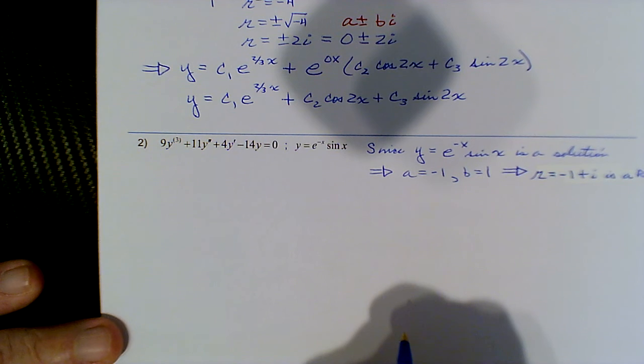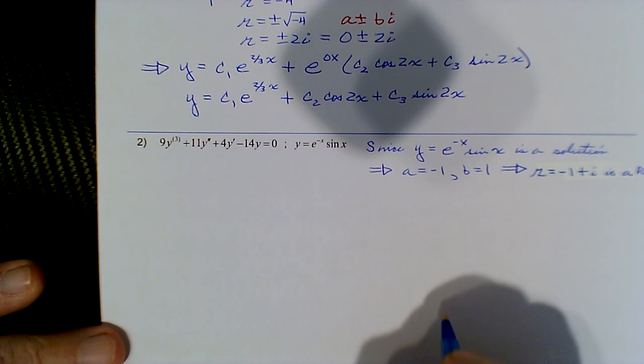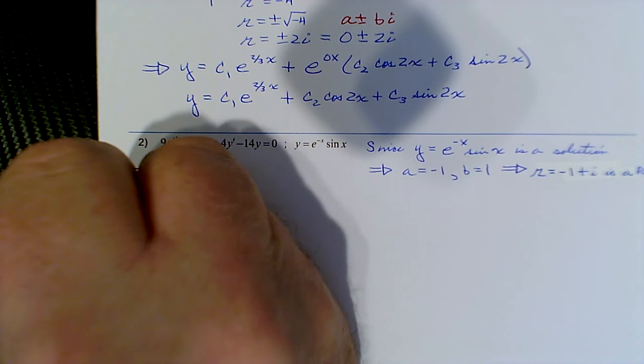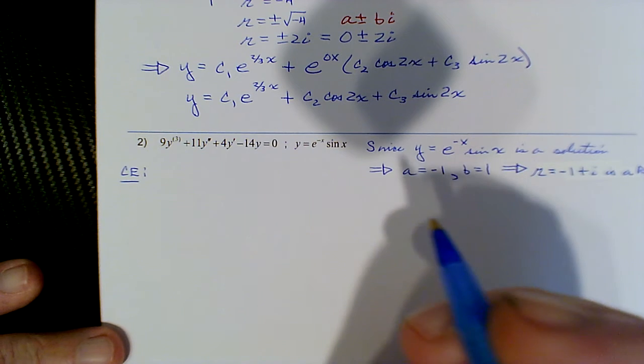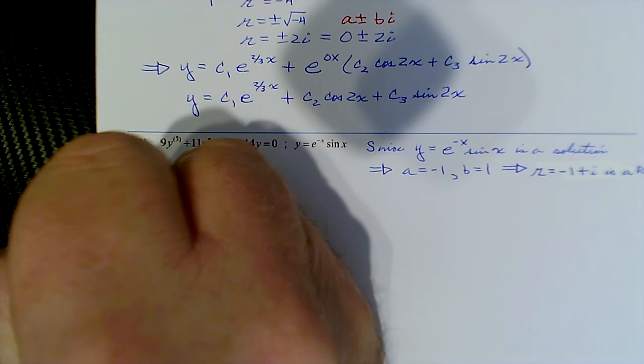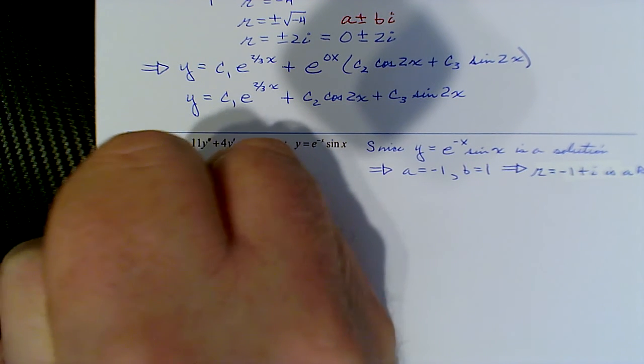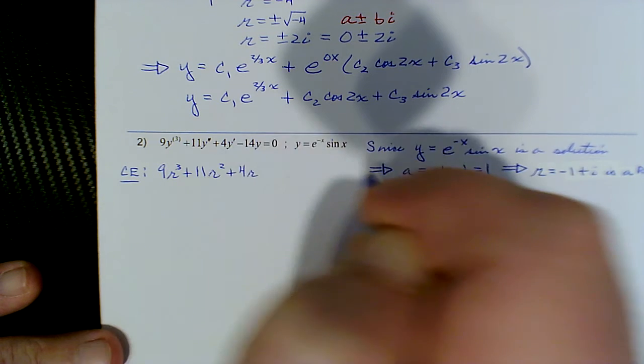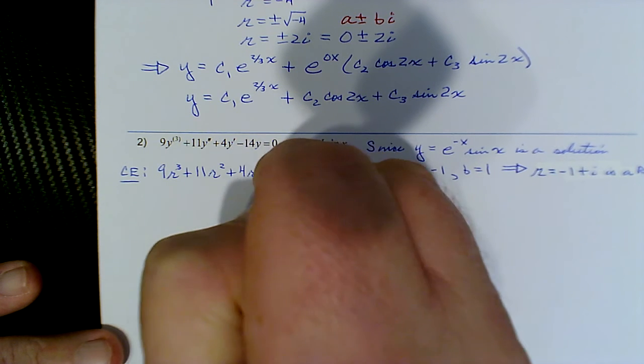Okay, so we're going to start with synthetic division. First off, the characteristic equation is 9r cubed plus 11r squared plus 4r minus 14 is 0.